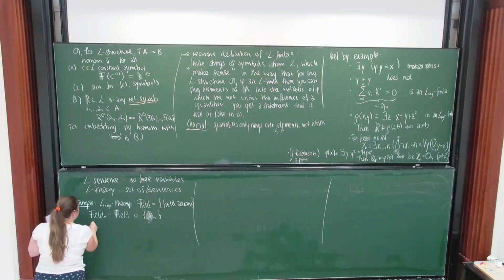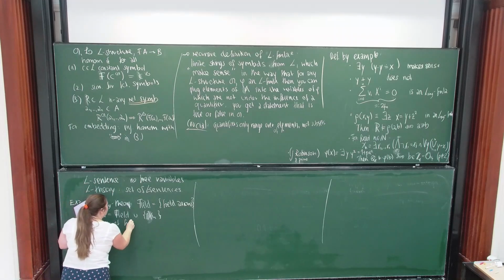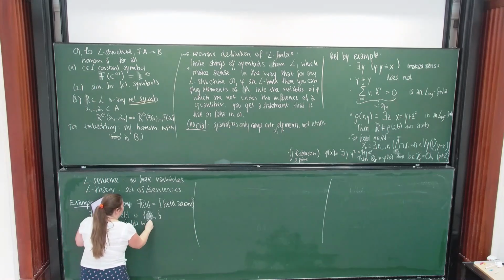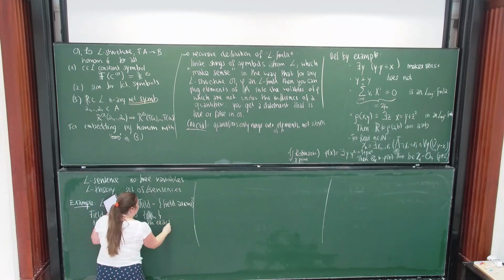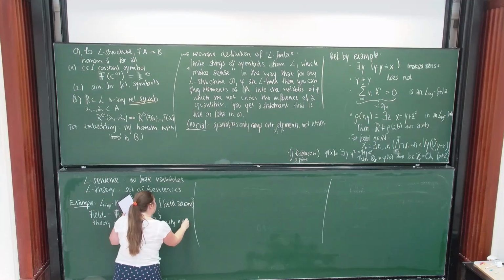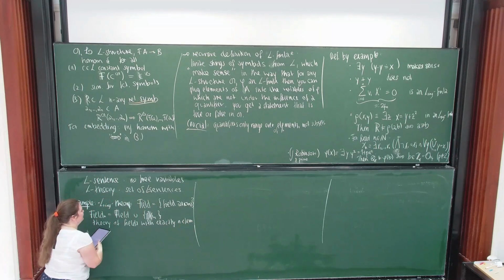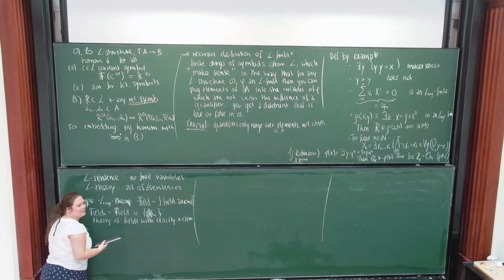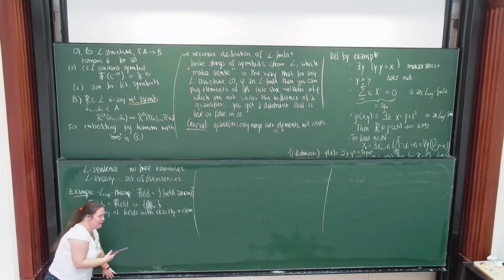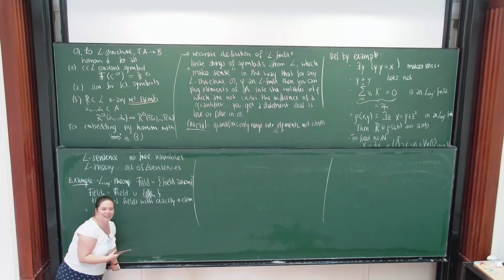So this is the theory of fields with exactly n elements. Okay, maybe there are not so many fields with exactly n elements, and it depends on the n. But we'll come back to that in a moment.